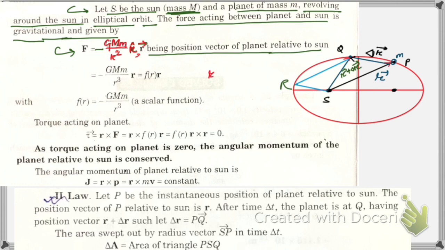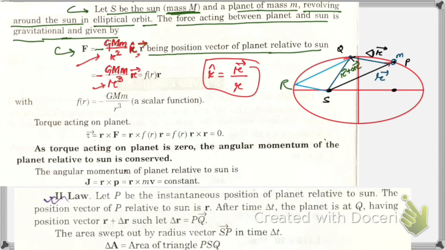So r cap will be given by vector r by magnitude of vector r. So vector r by r, that means, if you use this relation here in this equation, then here you will get r cube, and this is vector r. So minus capital G capital M small m by r cube vector r.